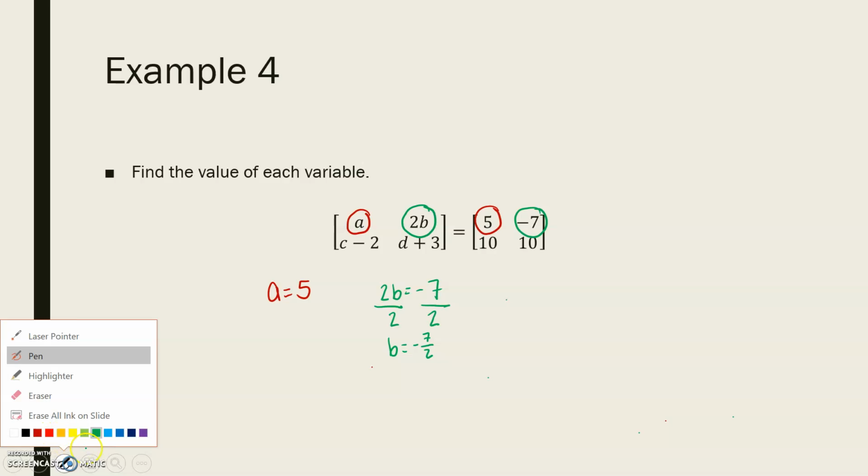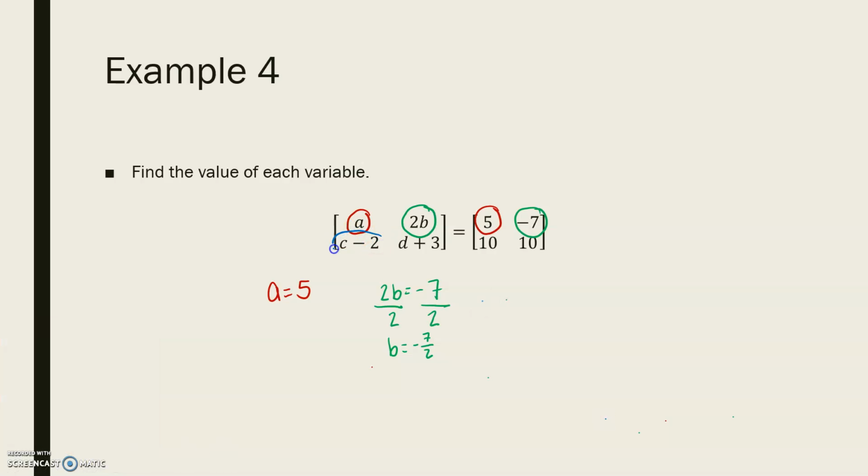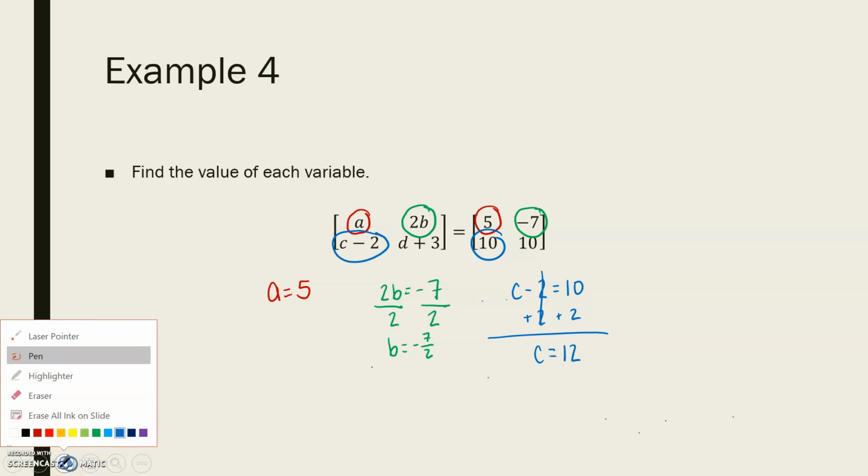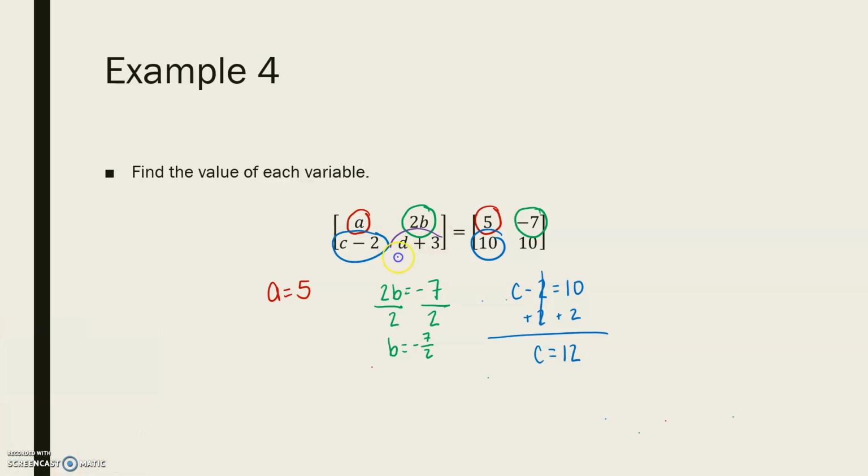Then I've got C minus 2 equals 10. And then finally, D plus 3 equals 10. And there you have it. There's the value of each variable.